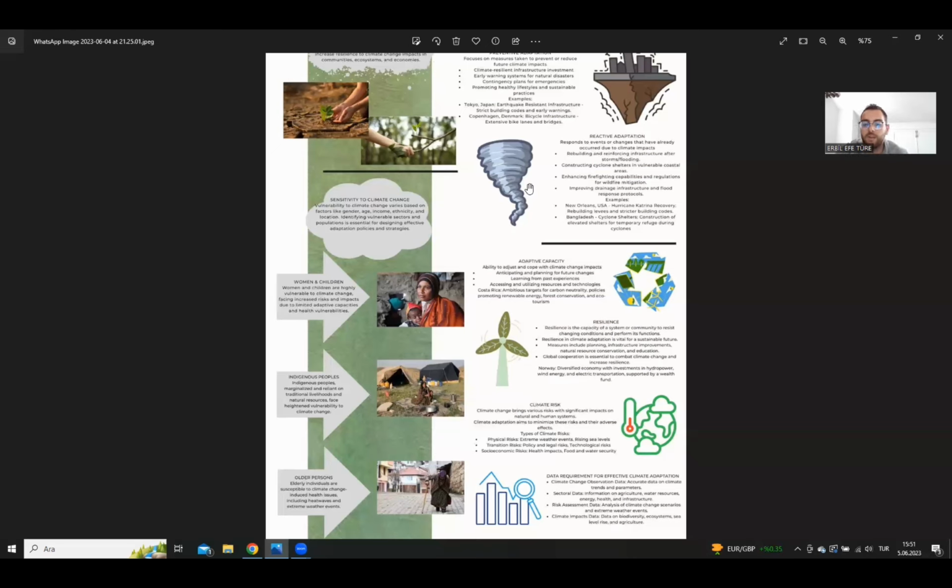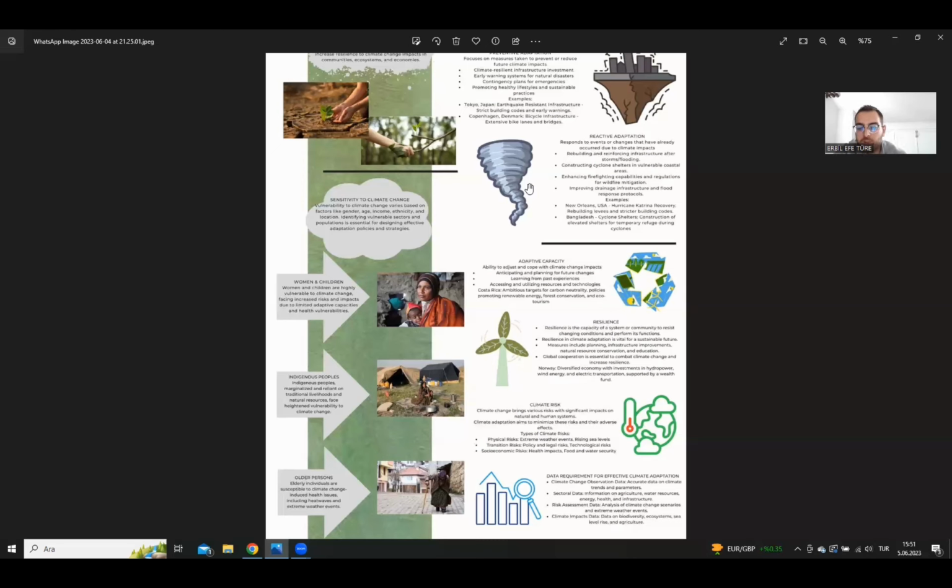If we give an example of data requirements for effective climate adaptation, New York City, USA, launched OneNYC to address climate change vulnerabilities and risks using data-driven analytics to develop adaptation strategies and prioritize investment in infrastructure and community resilience. The Netherlands developed the Delta Program, while Colombia established the National Climate Change Information System to support decision making and adaptation efforts.